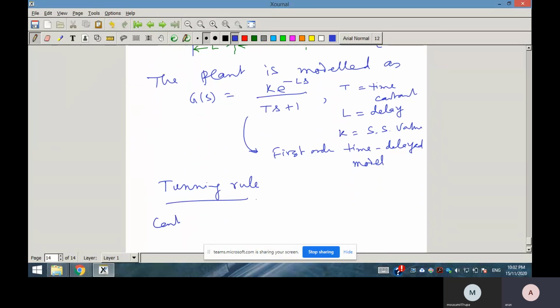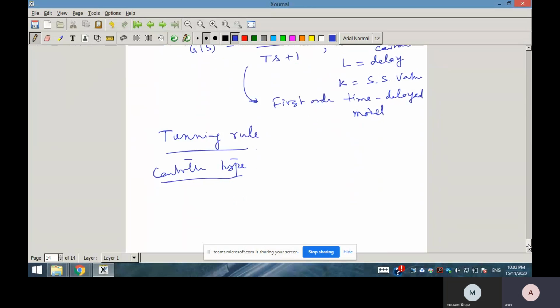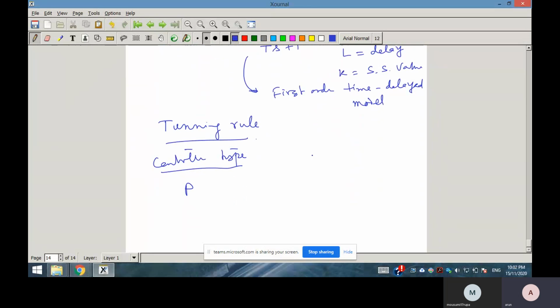Your controller type, if your controller is proportional, means Ki and Kd are 0. If it is P, then what is the value of Kp, what is the value of Ti, and what is the value of Td. So for P, this value will be T by L, this value is infinity, and this value is 0.